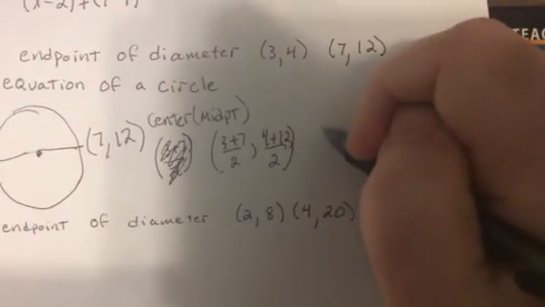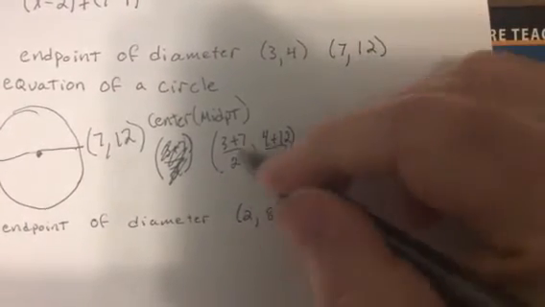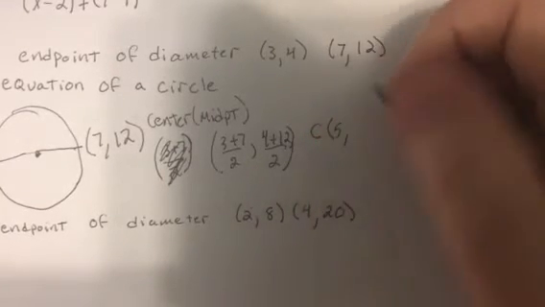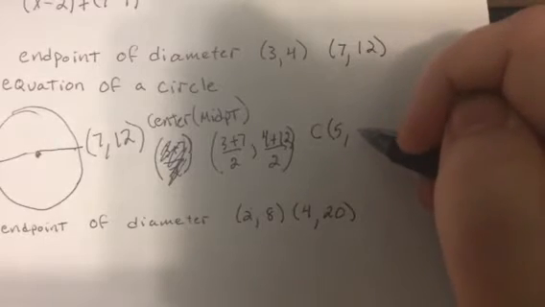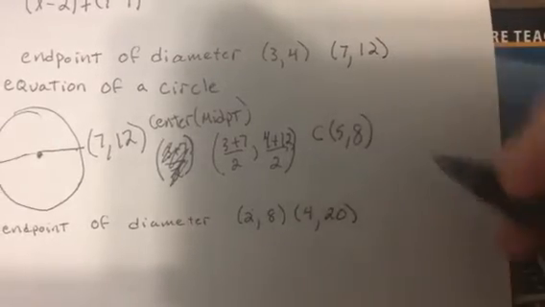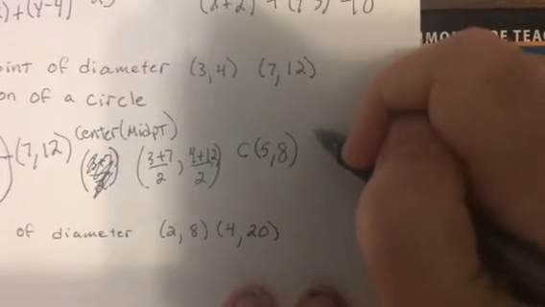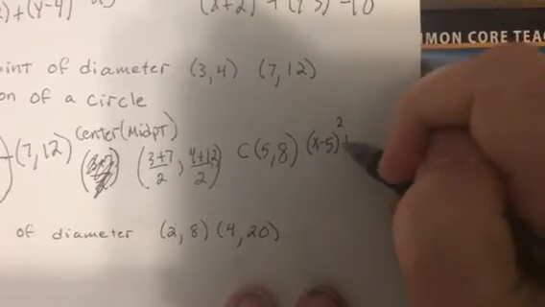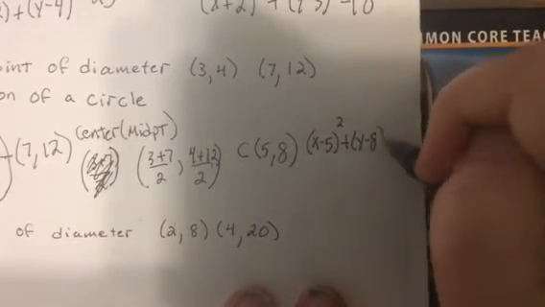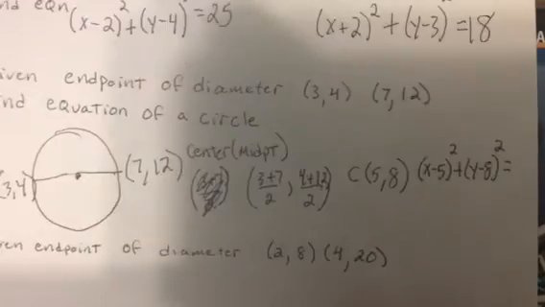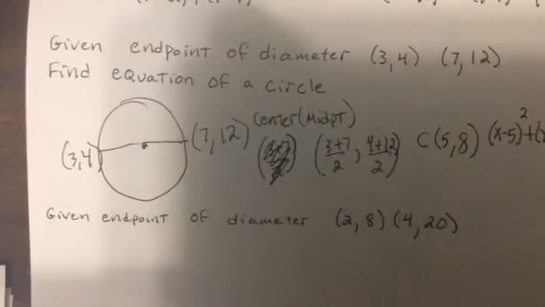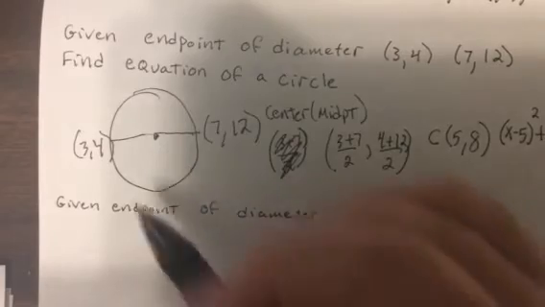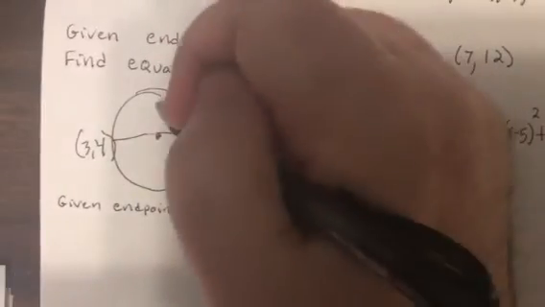So my center is 10 divided by 2, which is 5, and 4 plus 12 is 16, divided by 2 is 8. So I know part of the equation: (x − 5)² + (y − 8)². Okay, now I have to find the radius so I can square it. So I know the center is (5, 8).